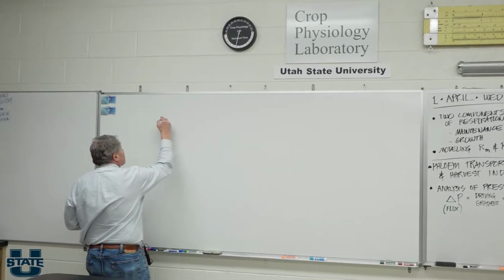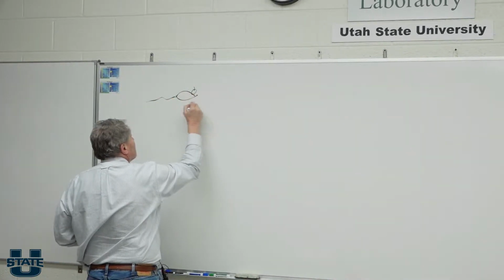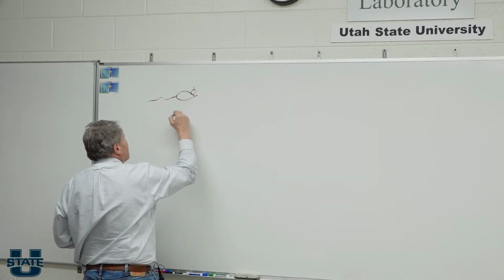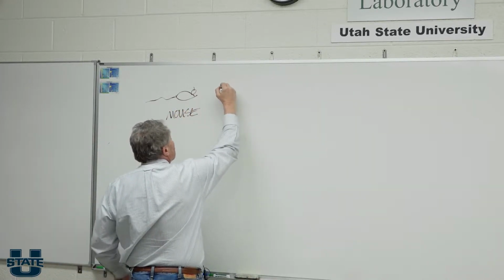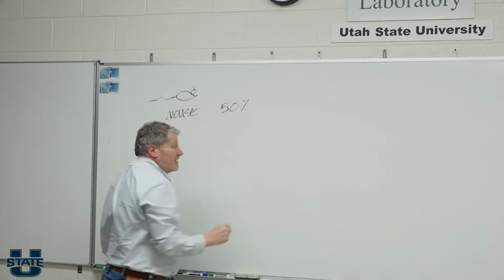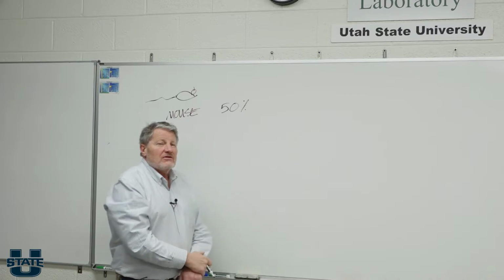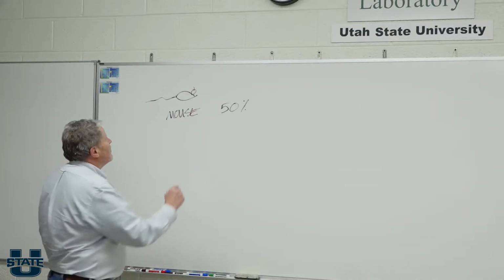Remember that, I'm going to put it way over here because this is where we had it before. Here is our rodent, we'll say mouse. And remember, we calculated that a mouse had to eat about 50% of its weight in food every day to maintain weight.